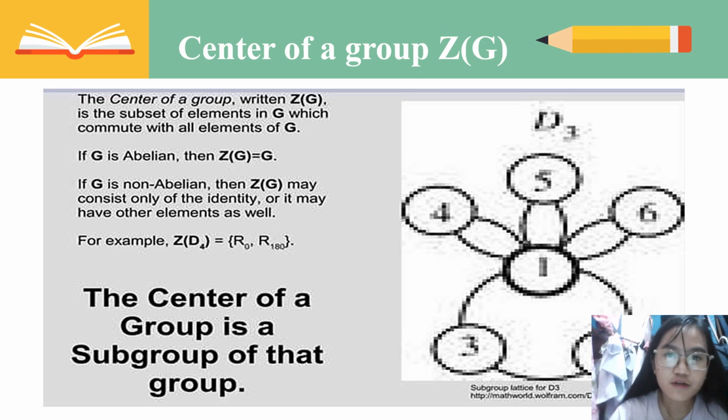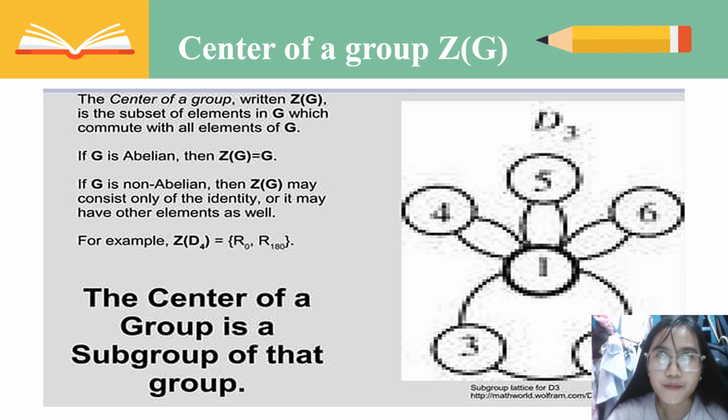Now for the center of a group, Z(G). The center of a group, written Z(G), is the subset of elements in G which commute with all elements of G. If G is abelian, then Z(G) equals G. If G is non-abelian, then Z(G) may consist only of the identity, or it may have other elements as well.